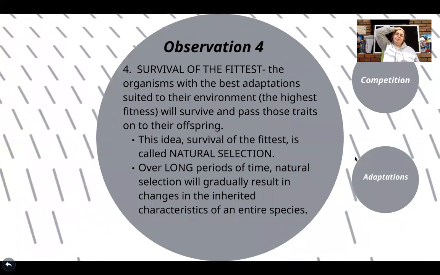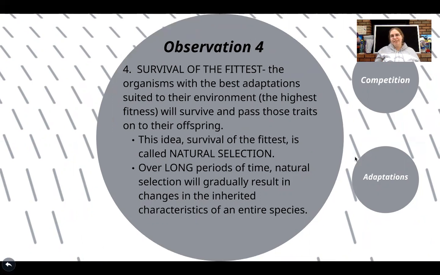All right, observation 4. One of the most misinterpreted things of evolution: survival of the fittest. Now, a lot of times people think that means survival of the strongest. That is so not what it means.